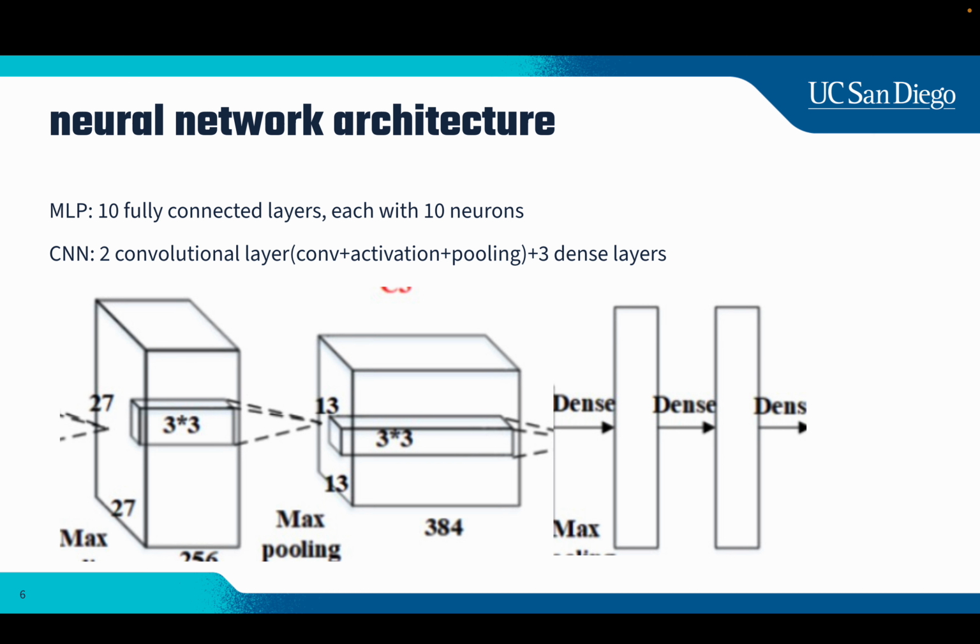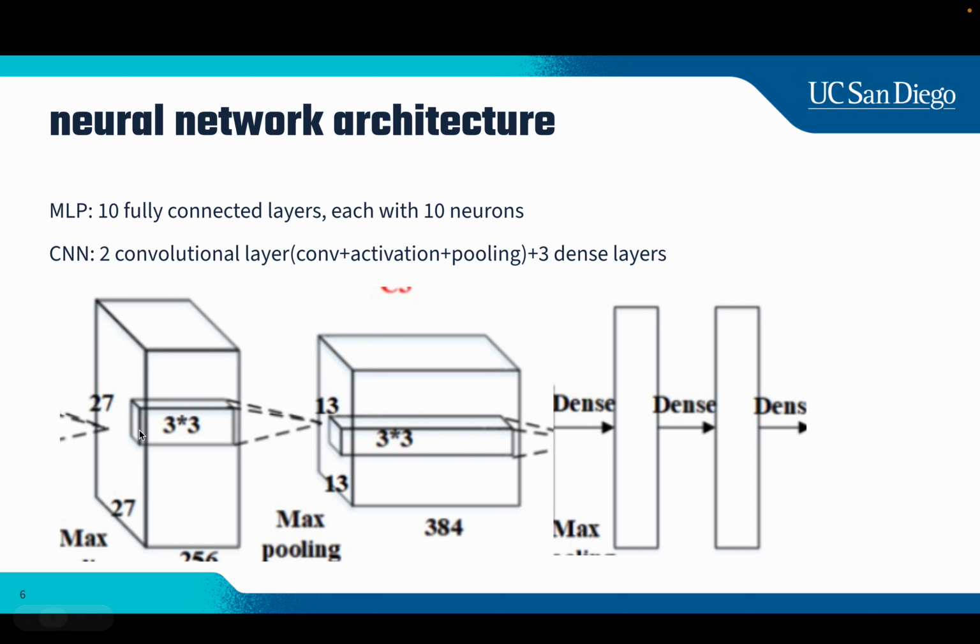For the CNN, we designed a structure of two convolutional layers plus 3 dense layers. This picture shows the two convolutional layers, and each consists of a convolutional layer, an activation layer, and a max pooling layer.